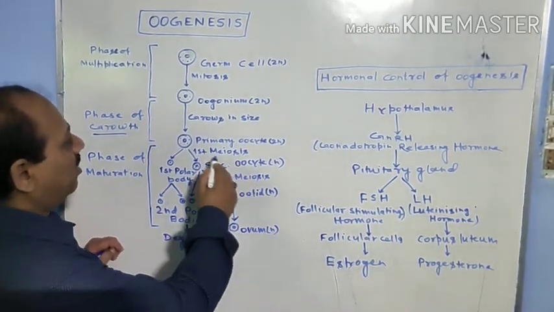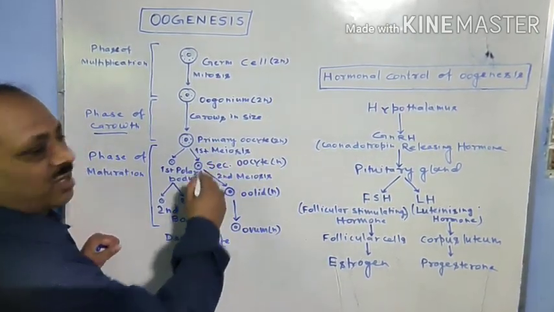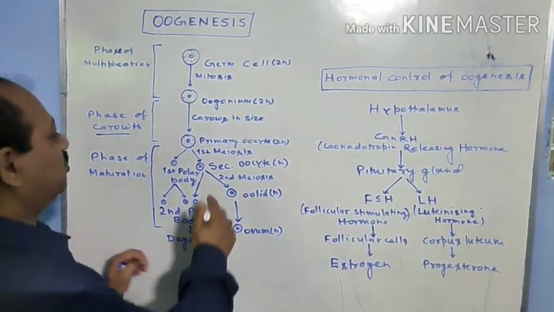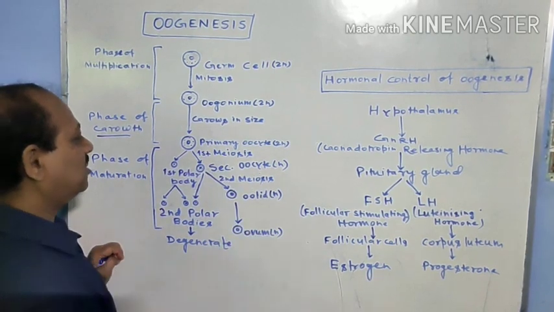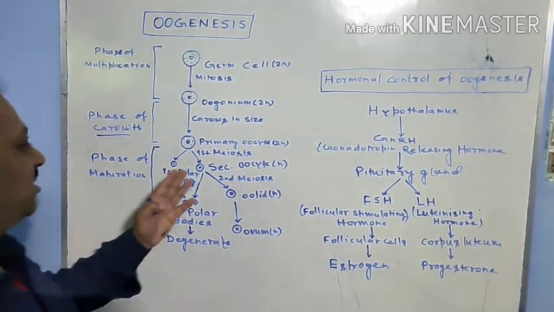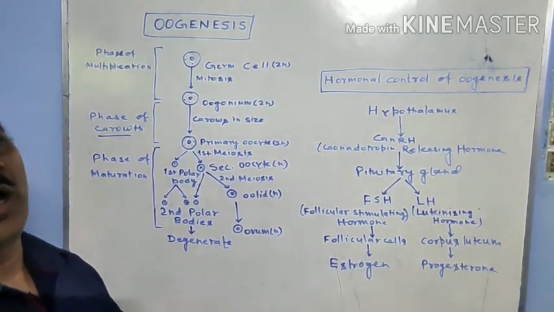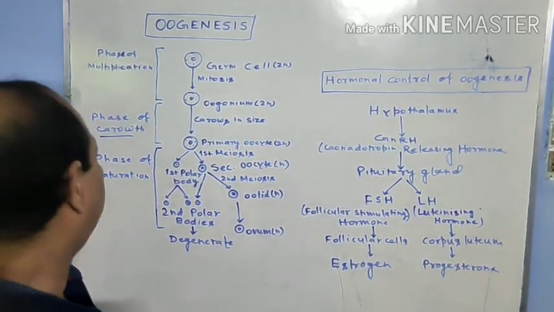Then the primary oocyte undergoes maturation division. First meiotic division or meiosis. By the first meiotic division, primary oocyte divides into two unequal cells.